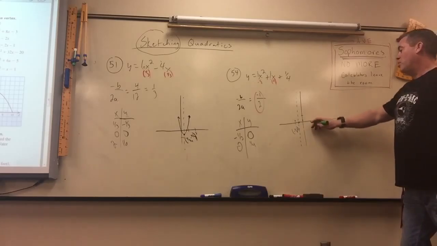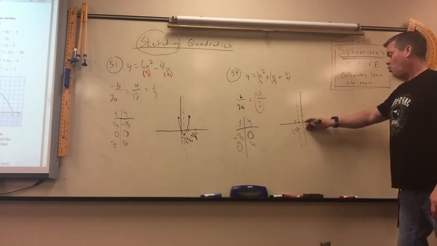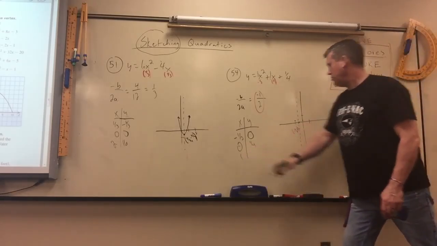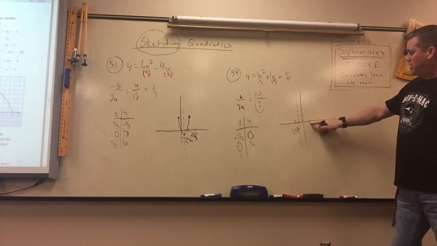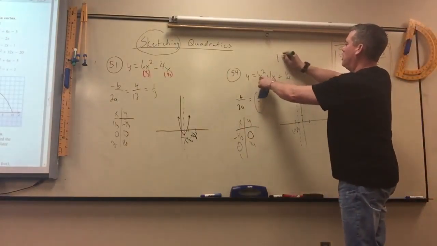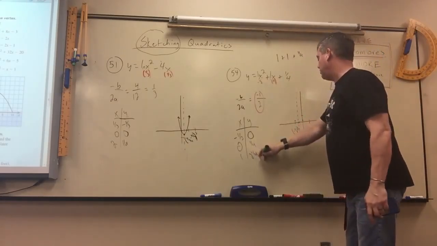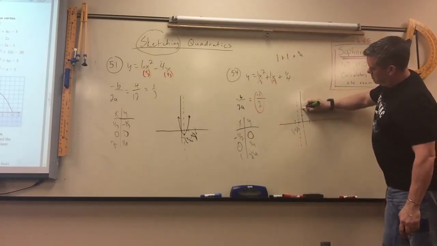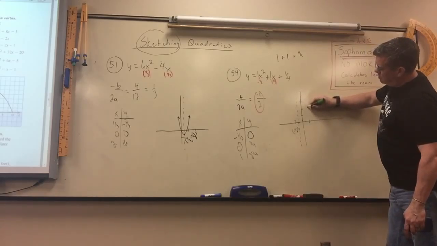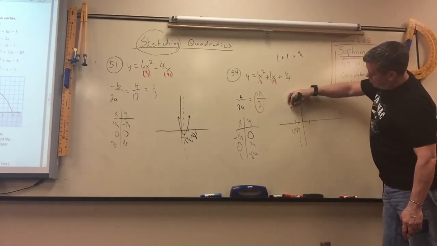So we should do one more. We put 0 in, so then put 1. So that'd be 1 plus 1 plus 1/4, 2 1/4. So 1 over, 2 1/4 up, flip it over, and then sketch it in.